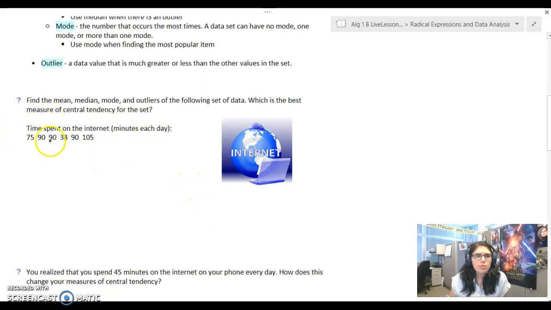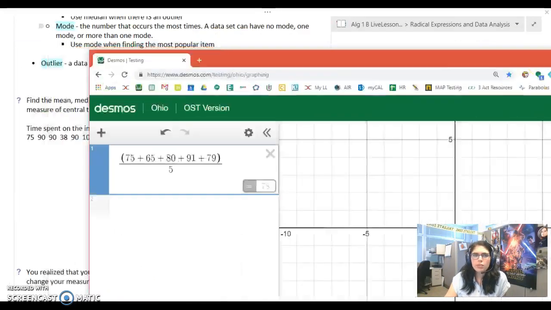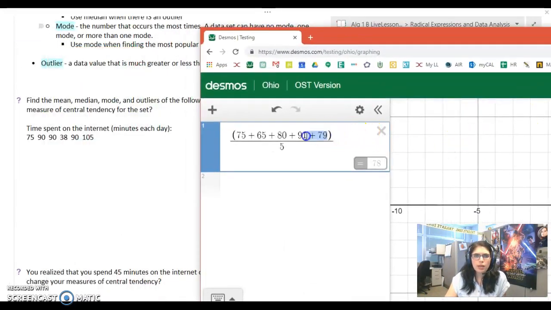So for this one, mean, median, mode, and outliers. Mean is probably going to be one of the easier ones. So let's see, 75 plus 90 plus 90 plus 38 plus 90 plus 105. And that is 6 values, so I'm going to divide it by 6.